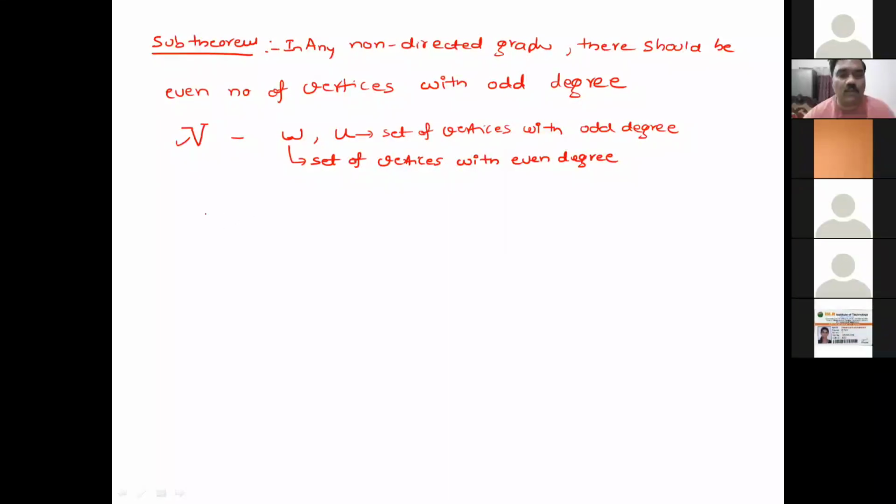Now see here, sigma over v belonging to capital V of degree of v. That means the sum of degrees of all the vertices.